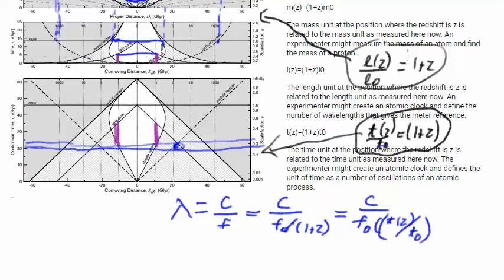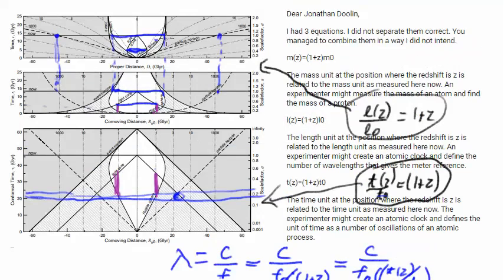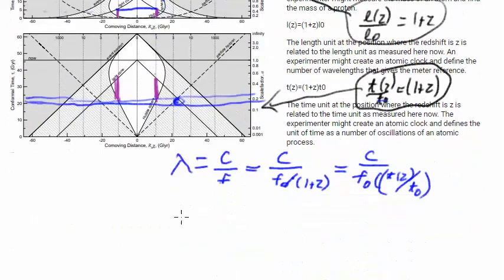And then you don't have to actually apply this formula to go from here to here. What you do is derive something about lambda at that place z divided by lambda sub naught.